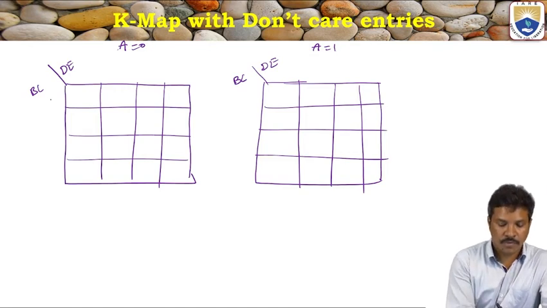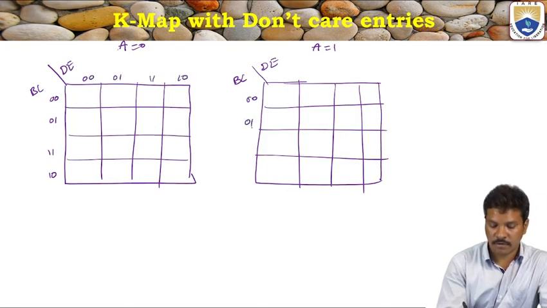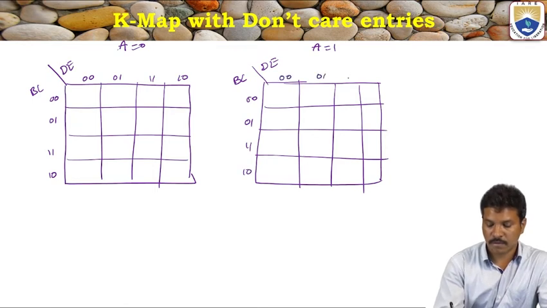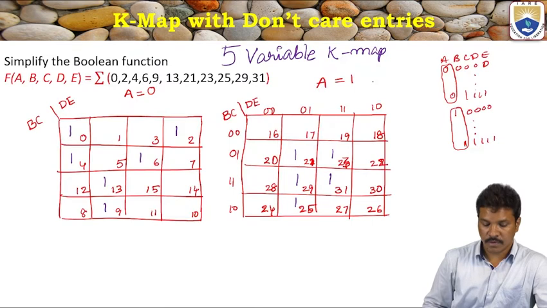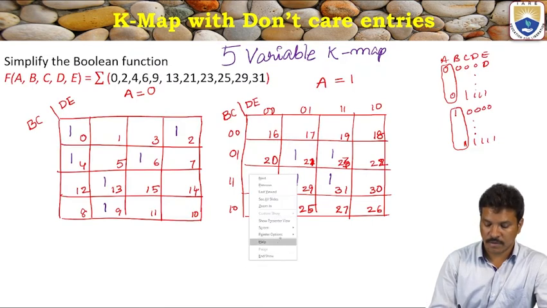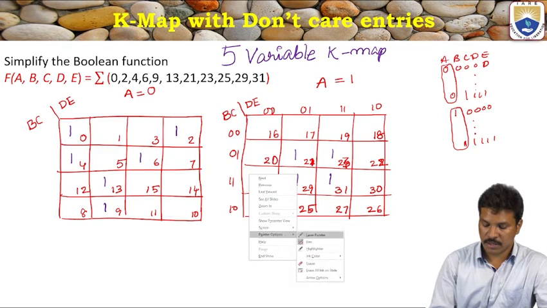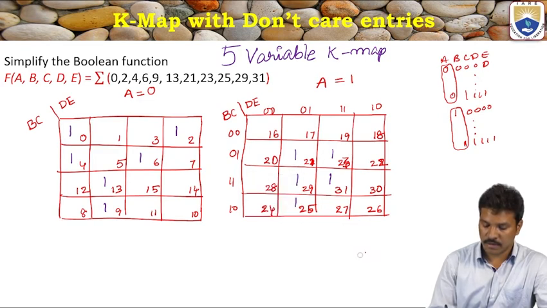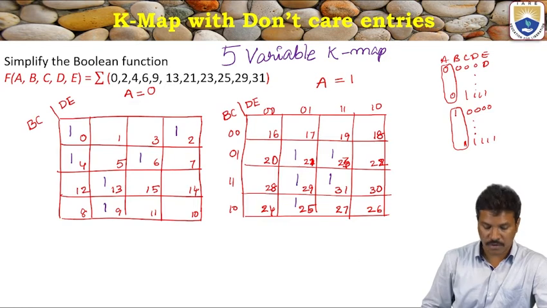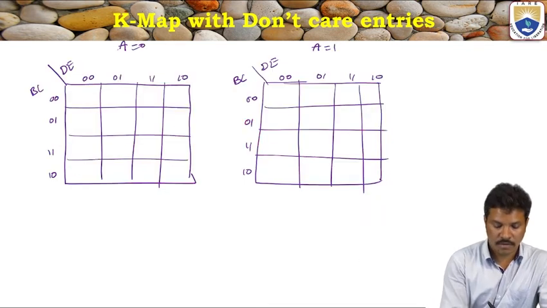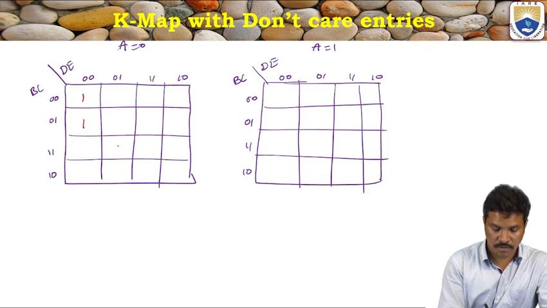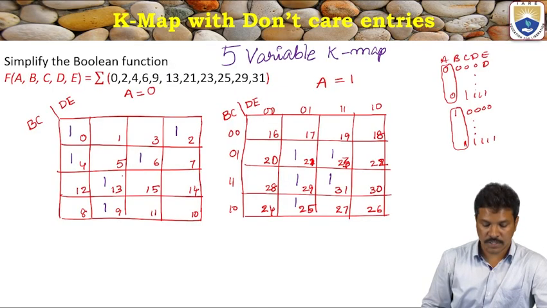Now 0 0 0 1 1 1 1 0 0 0 0 1 1 1 1 0, whatever boxes are represented with the ones: 1, 4, 13, 19, 6.